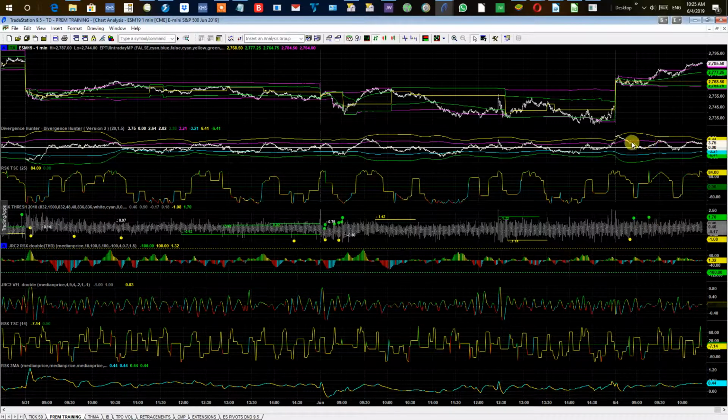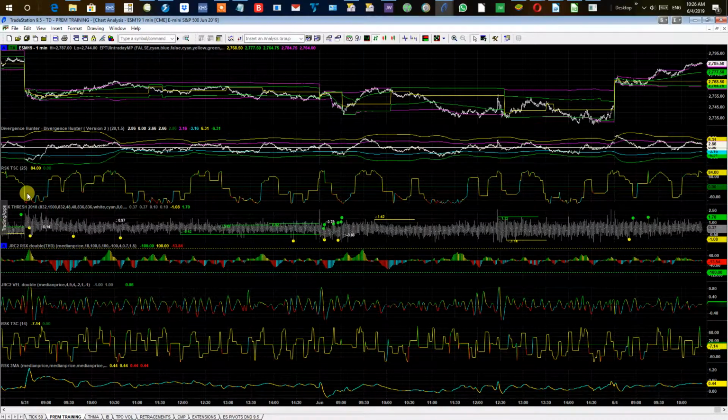I'd like to take another minute and just talk a little bit about the Divergence Hunter. In essence, this is a moving standard deviation based on however many bars back you choose to use. This is a 1-minute chart, 20 bars back.